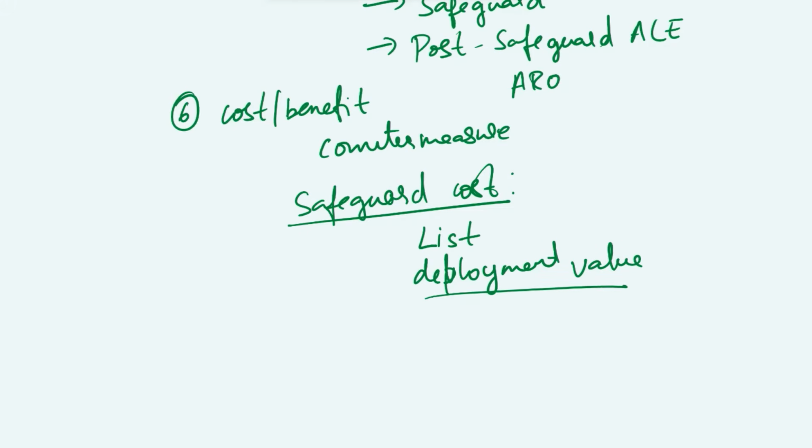The deployment value represents the cost of implementing the safeguard compared to the value of the asset it aims to protect. The value of the asset sets the limit for the expenses on protection mechanisms. Security measures should be economically viable, meaning you shouldn't invest more in terms of finances or resources to safeguard an asset than its value to the organization.